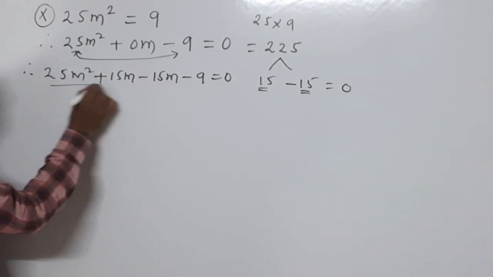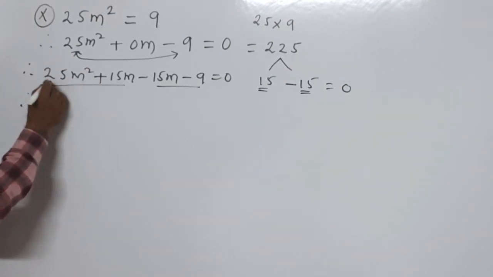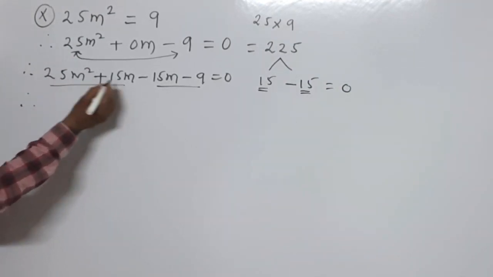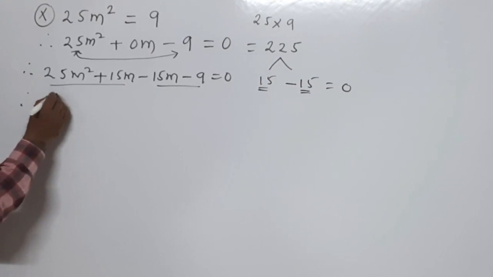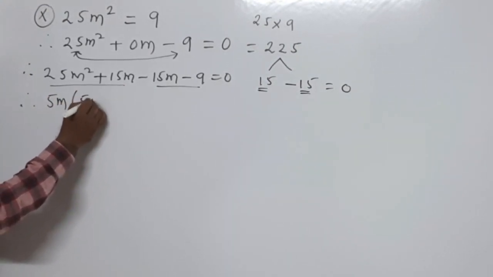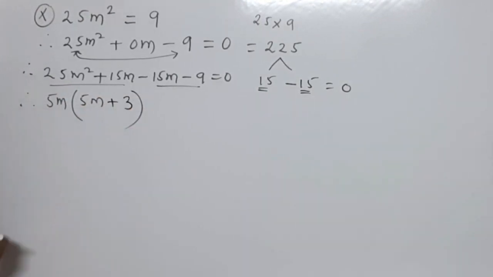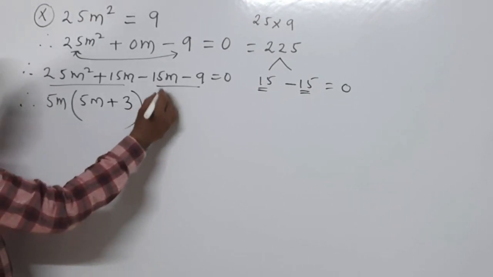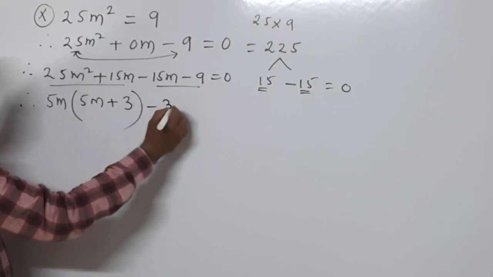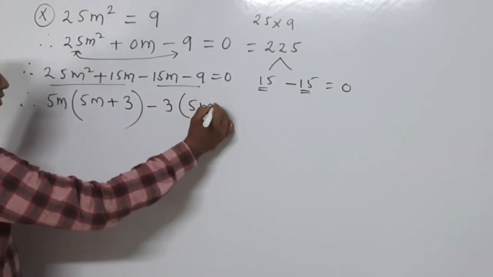So, now do the grouping of first two terms and next two terms. So, here common in these two, 5 5s are 25 and 5 3s are 15. So, 5m is common, in the bracket 5m plus 3. 5m minus... here 3 is common, in the bracket 5m, 3 5s are 15 and 3 3s are 9.